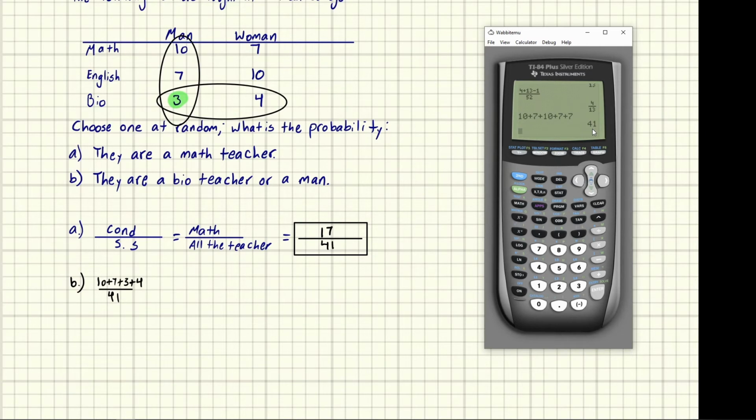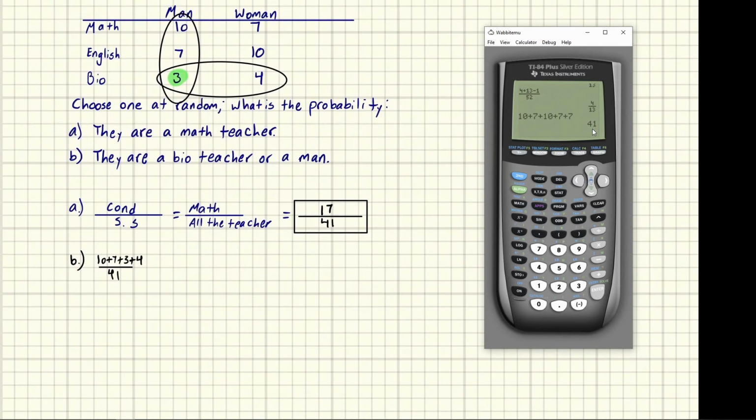Now there's a more formal way of writing this that some teachers want you to do. They want you to write the probability that they're a man. And so that would be 10 plus 7 plus 3 over 41. Or means to add. So we add, whoops, I wrote 47 over 41. And then we have the probability that they're a biology teacher. Well, that's 3 plus 4.